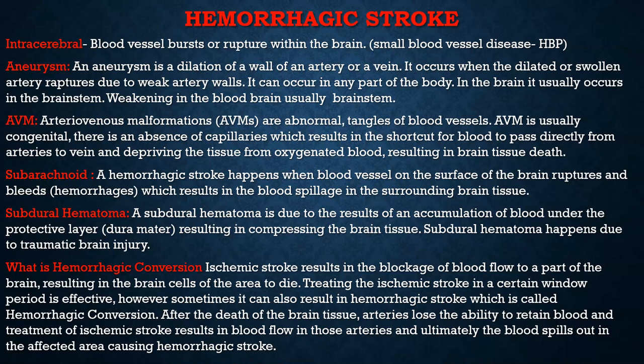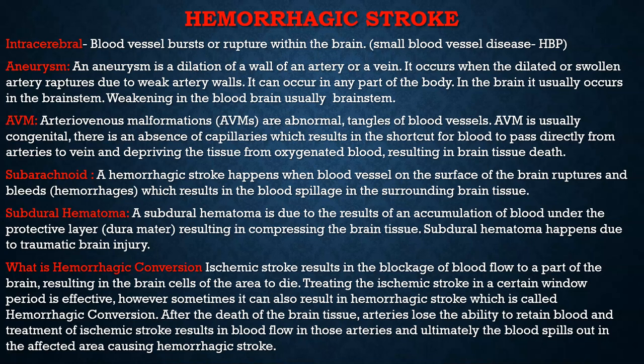So AVM, arteriovenous malformation, is an abnormal tangle of blood vessels. What happens in AVM is that capillaries are not present. Normally there's a system where fresh oxygen comes in through an artery, and deoxygenated blood goes back to the heart through the other vessel.